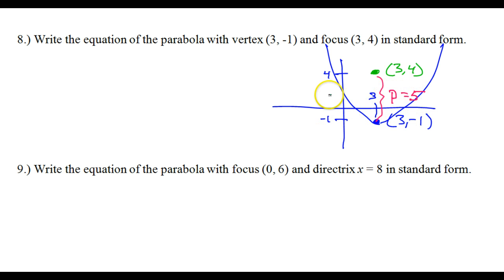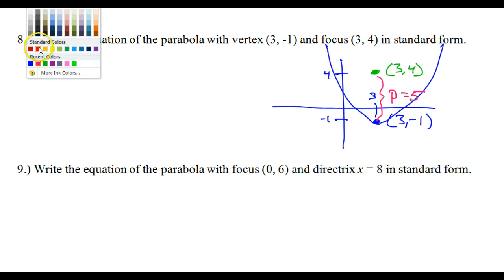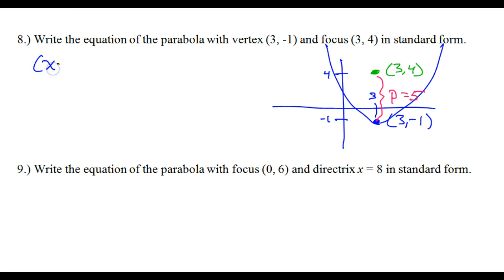All of this tells me which model to use. I always have to choose between whether I'm going to do the one that has x squared or the one that has y squared. But whenever the parabola is facing up or down, I know that's the x squared. So this is the model: x minus h squared is equal to 4p times y minus k, not squared.